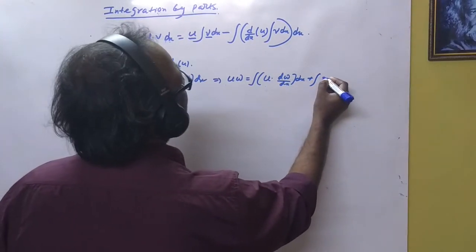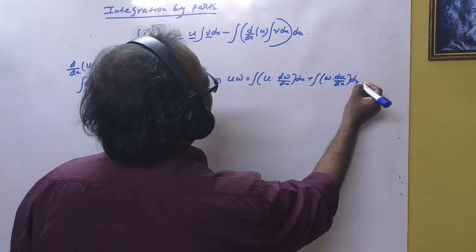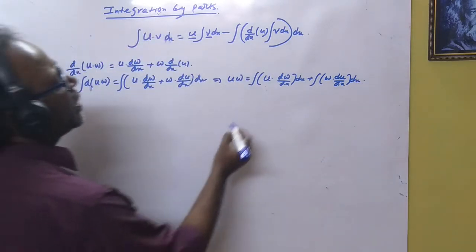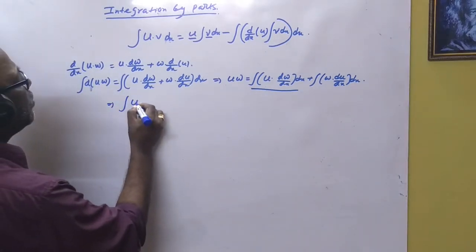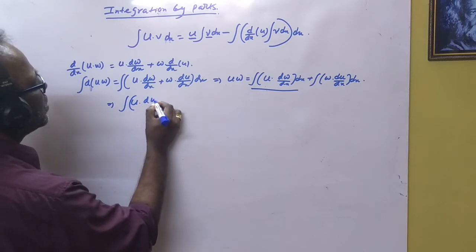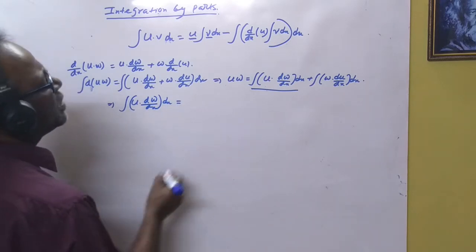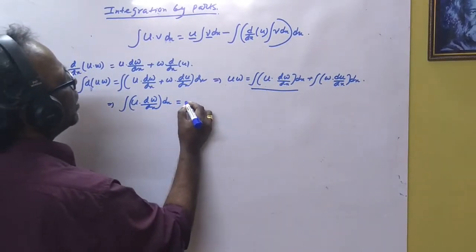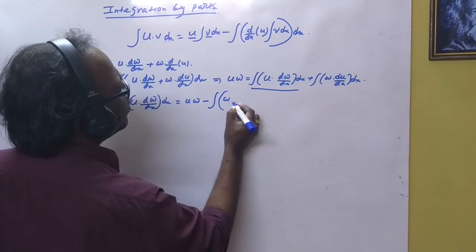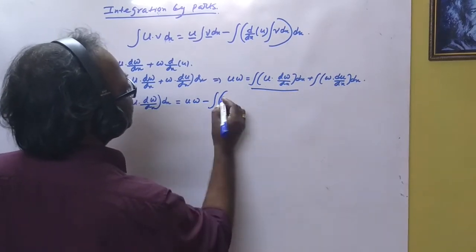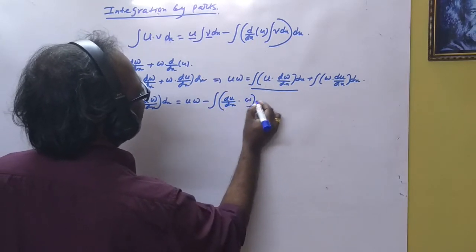Now again we represent this on the left hand side: the integral of u into dw/dx dx is equal to, transferring to the other side, uw minus the integral of w into du/dx dx.